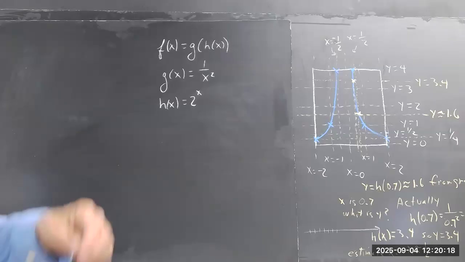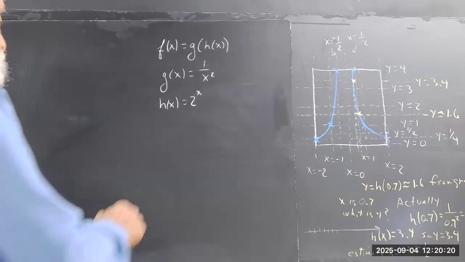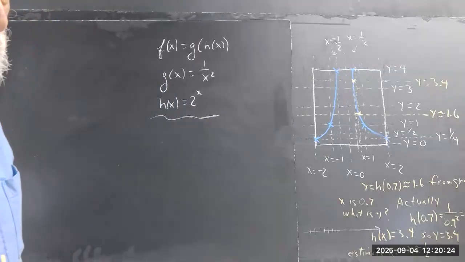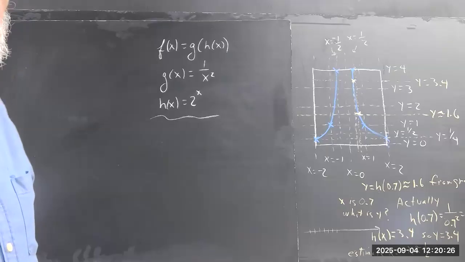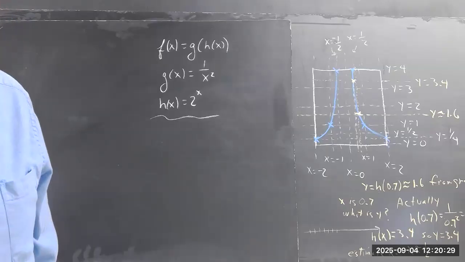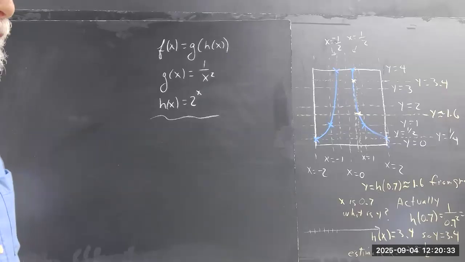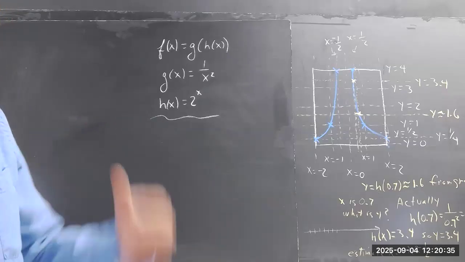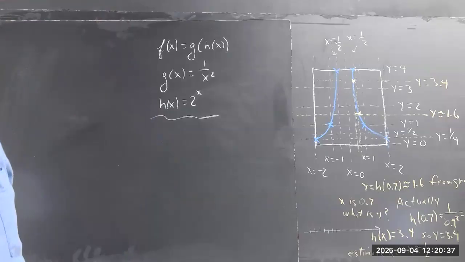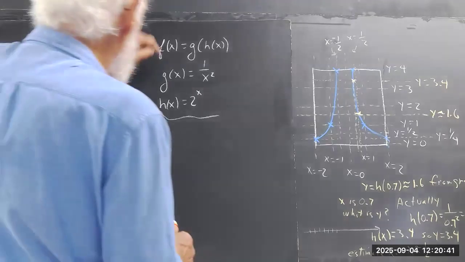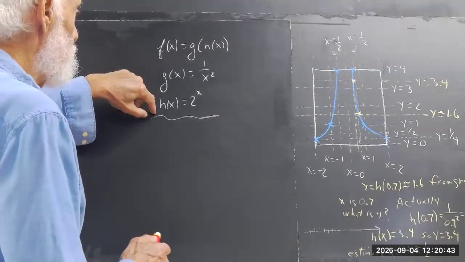Now, if you remember about function notation, and I think I gave you a really nice explanation of function notation last Thursday when there was no video, no audio. So I'm going to try to repeat that, or at least try to give you something close, because I really liked that explanation, but we'll see if I can do it. So anyhow, here's your g of x, here's your h of x.